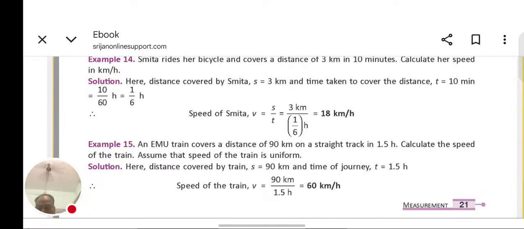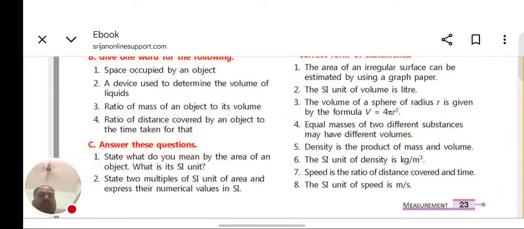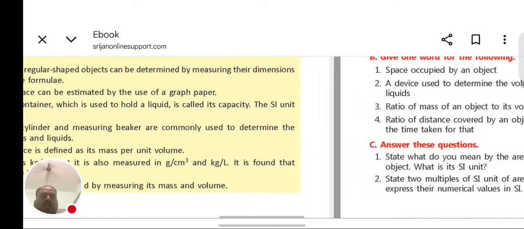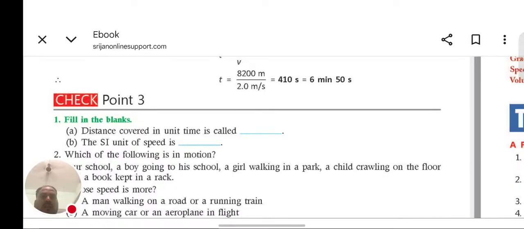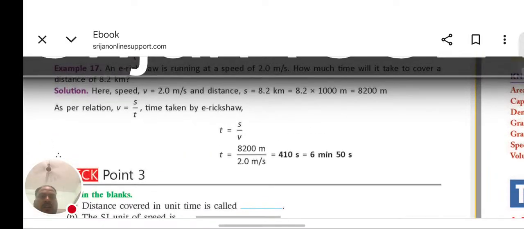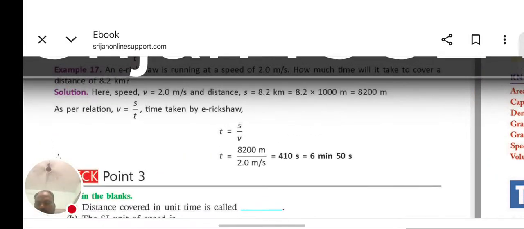Now the last example we are going to discuss here. Last example, question number 17. In question number 17, an e-rickshaw is running at a speed of 2.0 meter per second.